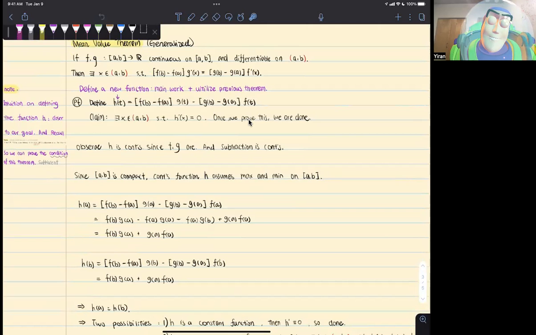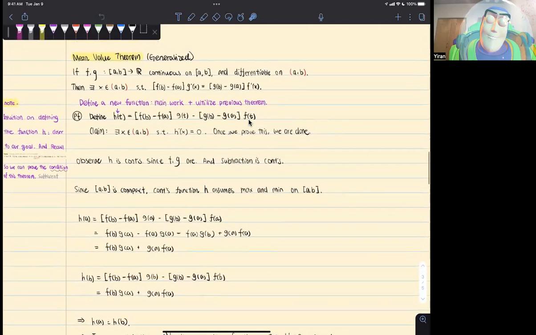If you watched the first video, I mentioned that there is a very common trick: if you want to prove something about a function or an expression, it is sometimes useful to rewrite the result that you want into a new function, and prove some properties of the function so that it is equivalent to the result you want. Here we want to show equality.